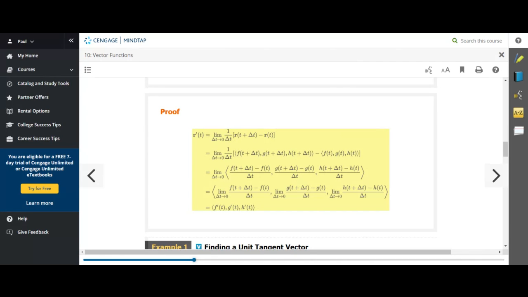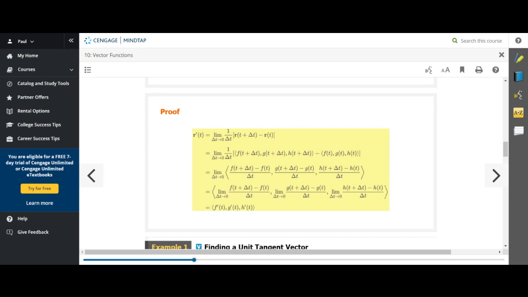You'd have f of x plus h minus f of x divided by h, and they're using that definition here for the derivative of a vector. And of course, the difference of the vector r of t plus delta t minus r of t. So this is like f of x plus delta x minus f of x divided by delta x, and letting delta x go to 0. That's the analogous thing you'd see in calculus 1. Well, they have it here for this derivative vector.